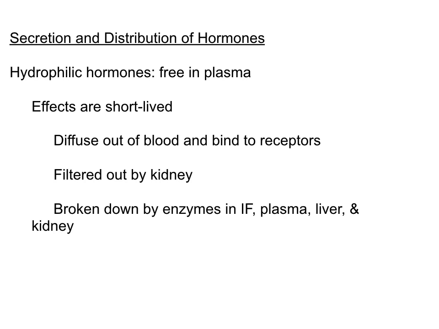Hydrophilic hormones are free in your plasma, so they very freely circulate in the blood. Their effects are generally fairly short-lived because they have the ability to easily diffuse out of your blood and bind to receptors in your tissue. They also tend to be broken down by enzymes, either in your interstitial fluid, your plasma, your liver, or your kidney.